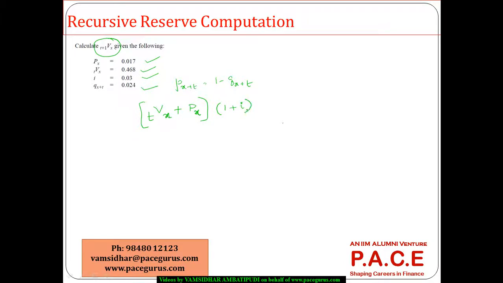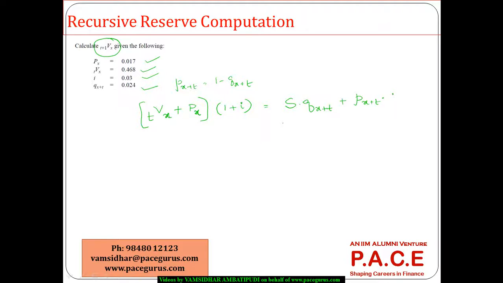These two are invested, which means at the end of the period they are going to fetch this much amount, because the reserve plus the premium would fetch a return of i, and out of that amount, based on the death benefit, probability of death multiplied by the death benefit plus probability of survival multiplied by the survival benefit.